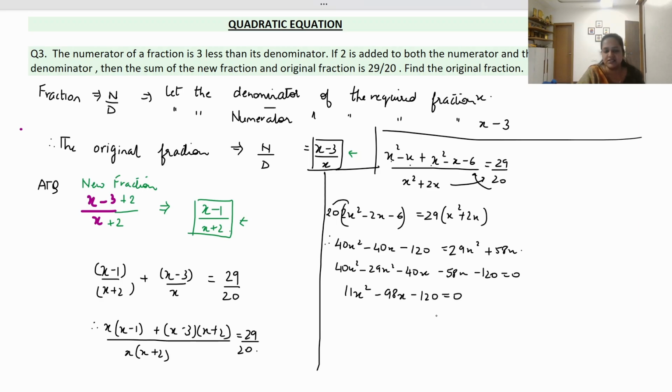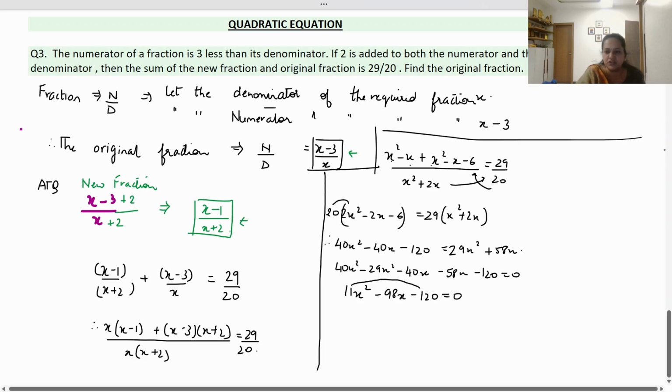So you can simplify this either by quadratic formula, or by splitting. Let's try by splitting. We'll have 11 into 120. So we are looking for factors of 1320, which on subtraction is going to give me 98. Let's find out the factors.